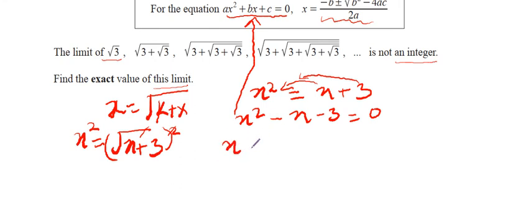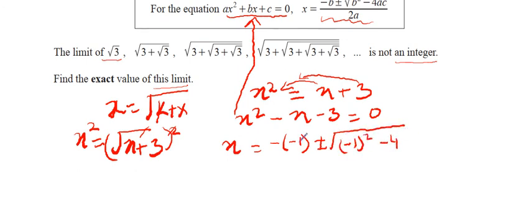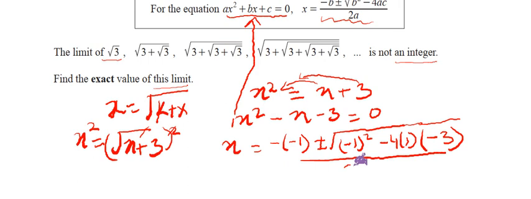So x will be equal to minus b, here b is minus 1, so plus 1, plus or minus square root of b squared minus 4ac. a is 1 here, and c here is minus 3, divided by 2a, which is 2 times 1.